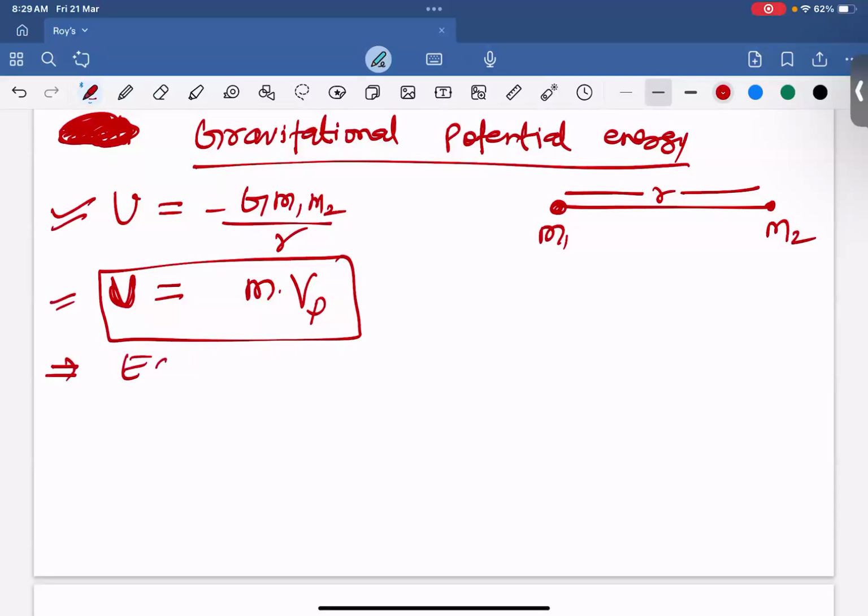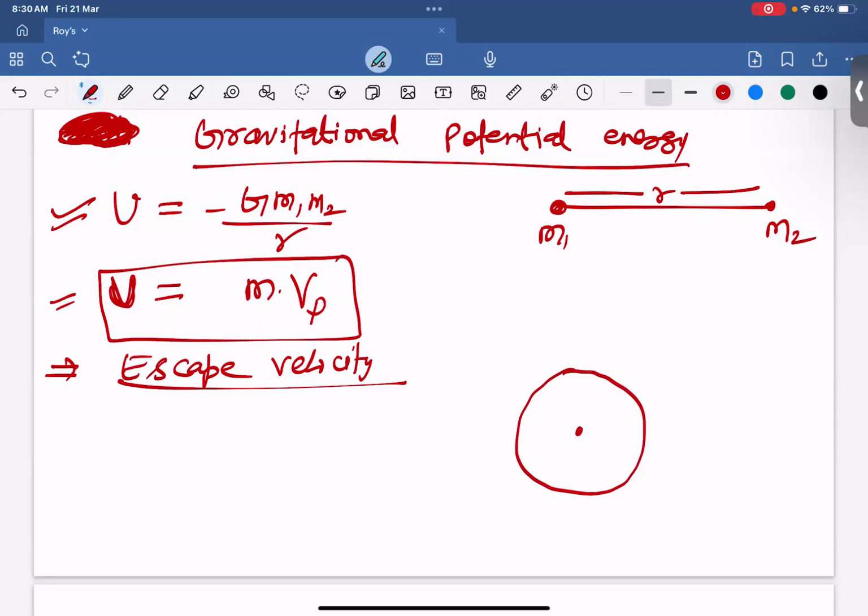Then we have the concept of escape velocity. Escape velocity is for whatever body is on the surface of the earth. Let's suppose earth mass is capital M and body mass is small m, distance is r.